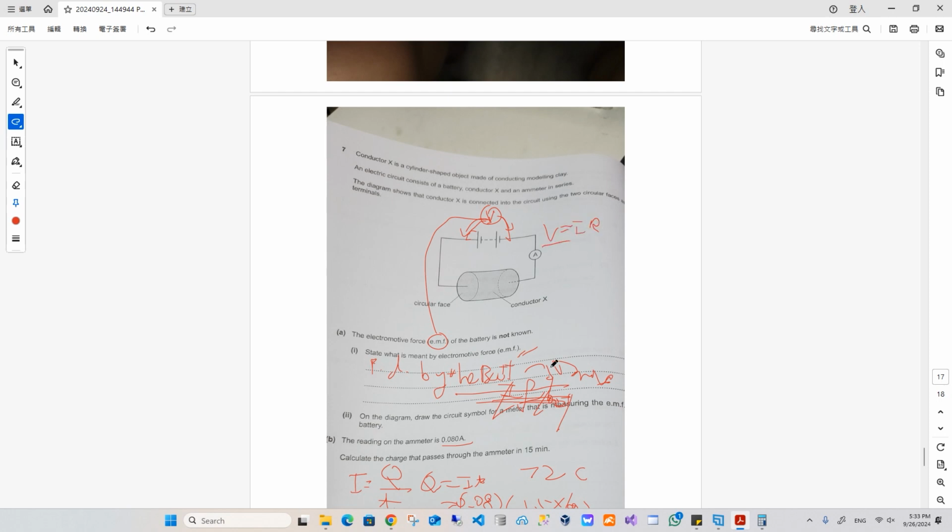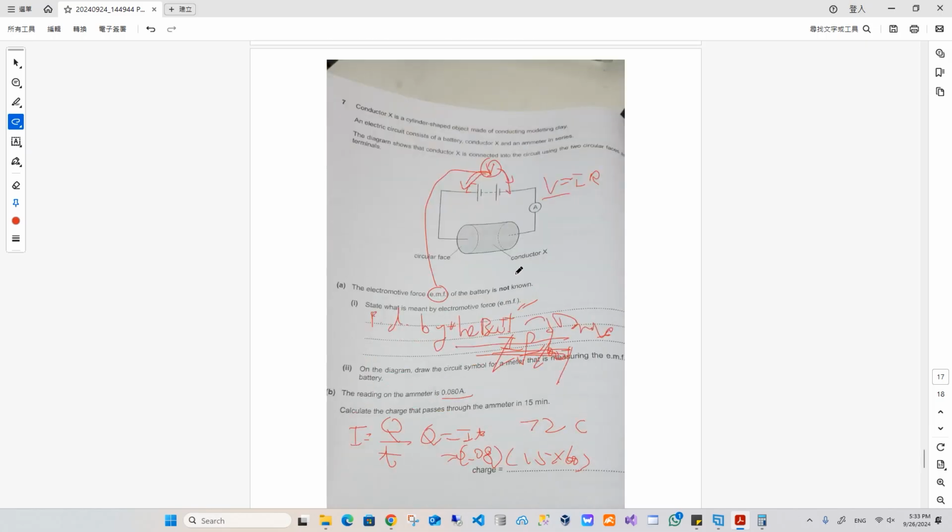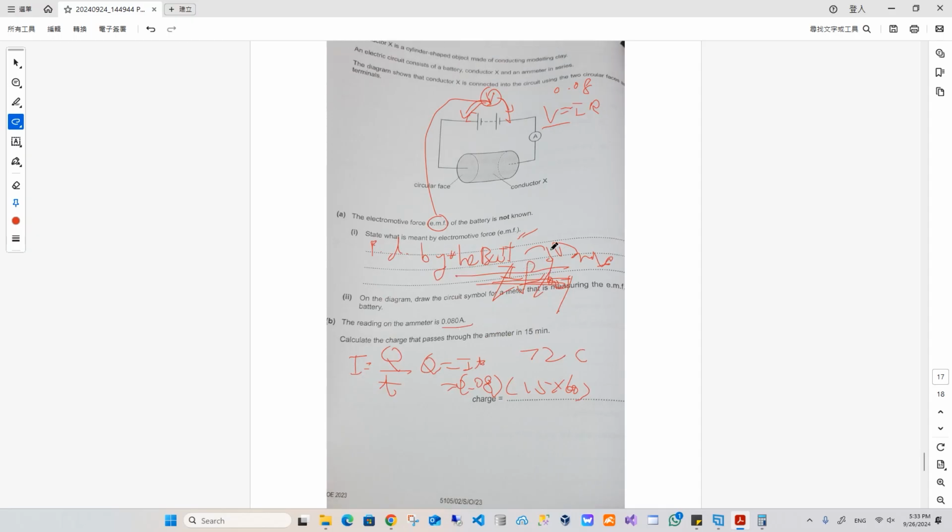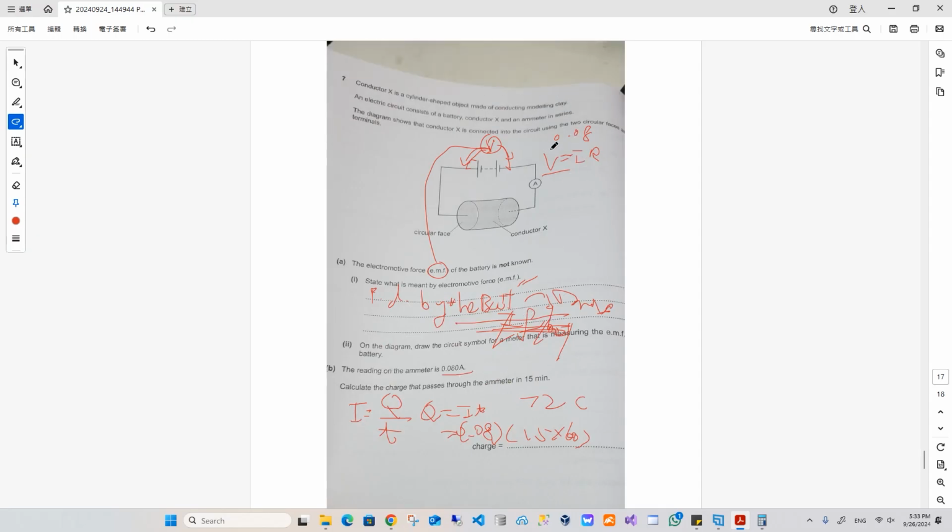Just now V caused 0.08 ampere to flow. But now my battery is the same, so V is the same, but my resistance is 4 times.